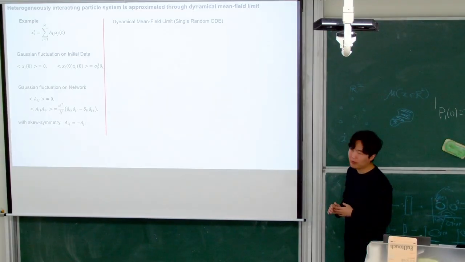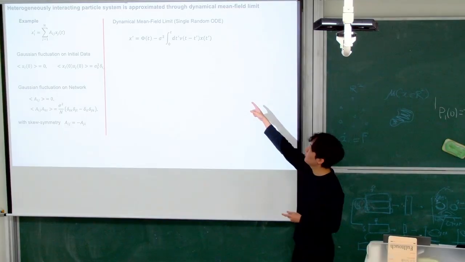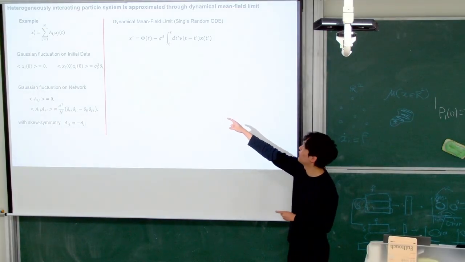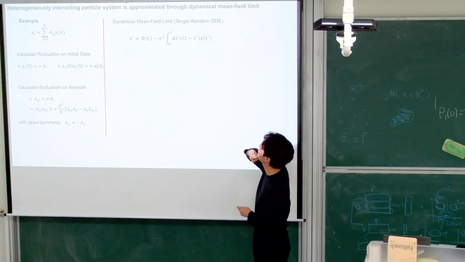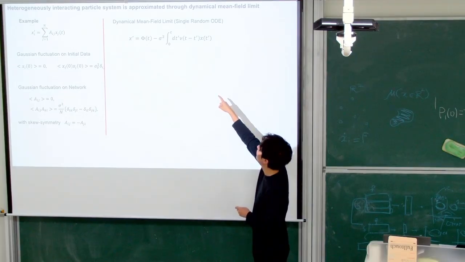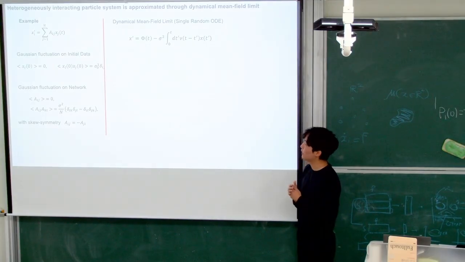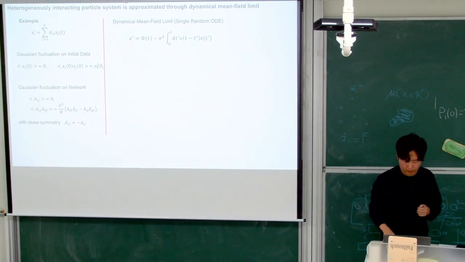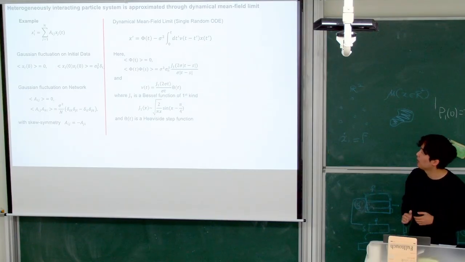Now, if you perform the mean field limit, I will just give you the result. You obtain a single ODE instead of the n number of ODEs. It's a very complicated looking formula, but this integral term is like a memory effect, non-Markovian dynamics. But here, what is phi and nu? They are very complicated.